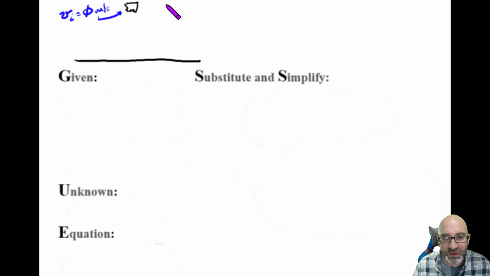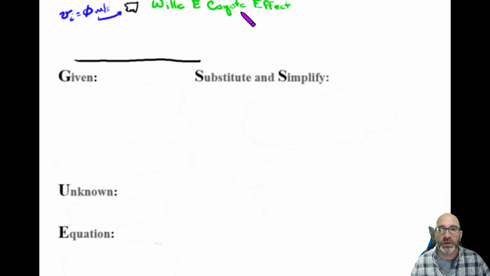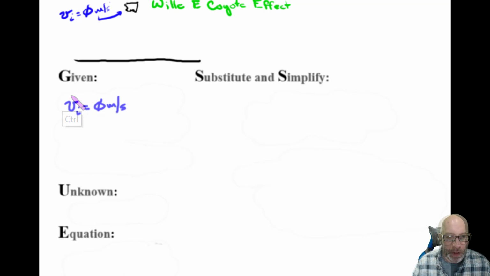And I call this the Wile E. Coyote effect. At the very tippy top, as something falls, it hangs there for a split second, so we get to say its velocity initial is 0. So that's a given.